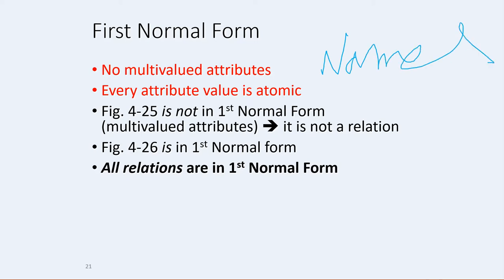Every attribute value is atomic. That means you cannot have something like skills, because if I ask somebody about skills, it will have more than one answer, so you have to separate it in some other way. If you just fulfill this, you are in first normal form, which is pretty straightforward and simple.